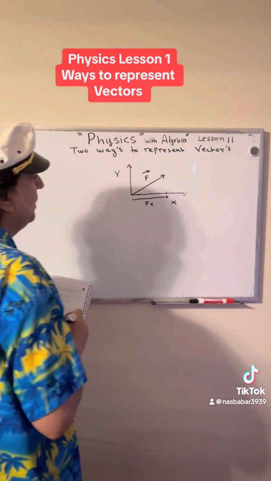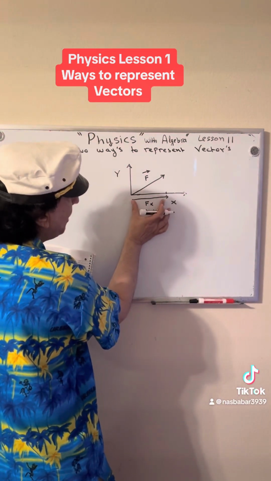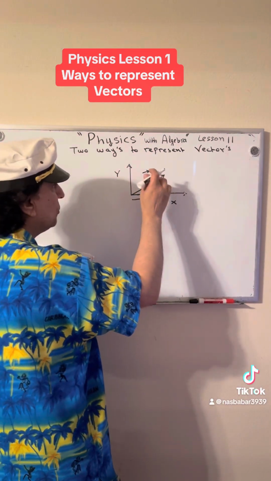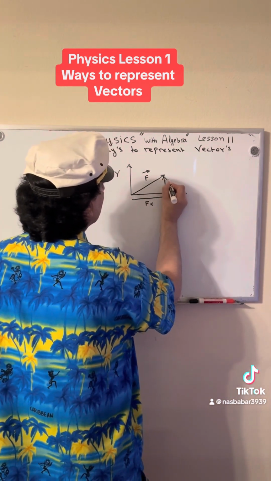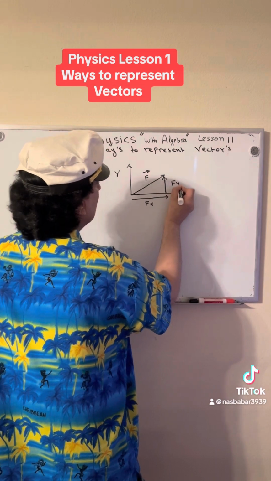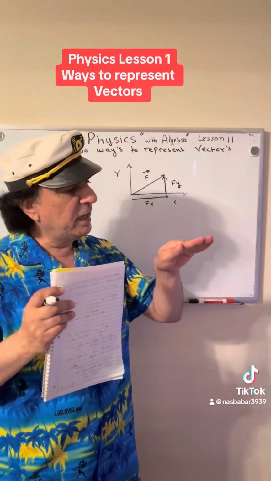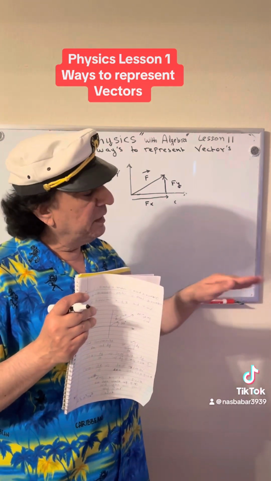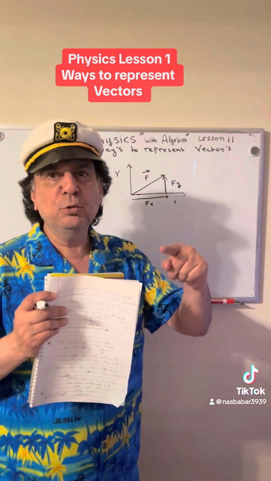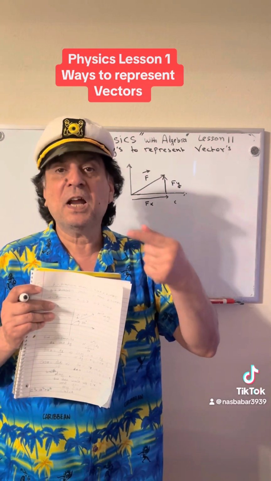Okay? So this point right here is the length of the Fx component of this force, and this right here is the y component of this force, Fy, okay? So anytime you have a force which is at an angle, it has an x component and a y component, and you will see in my upcoming lessons how we derive those.